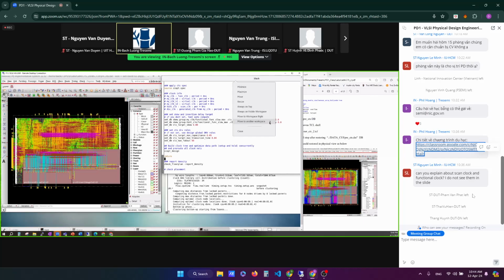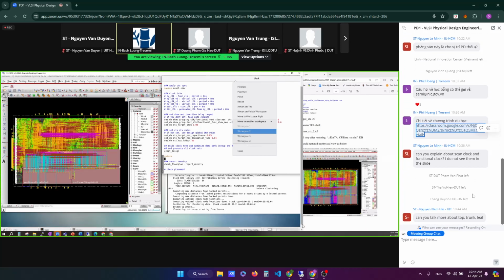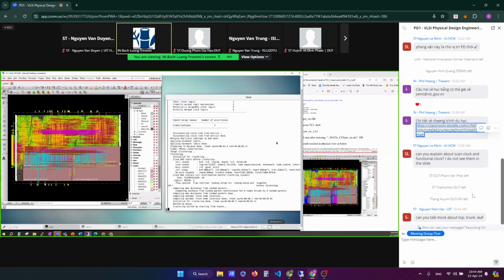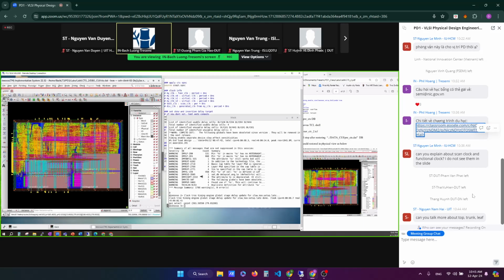Bear with me, it's a little bit slow. Okay, in the interest of time, I'm going to use my DB2, which has already finished CCopt.